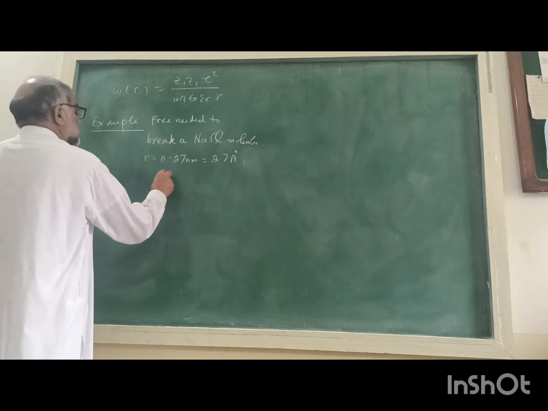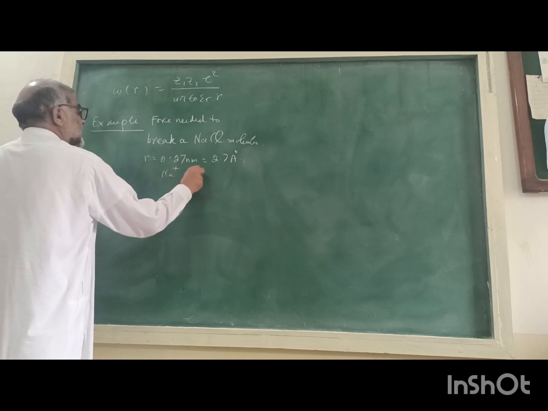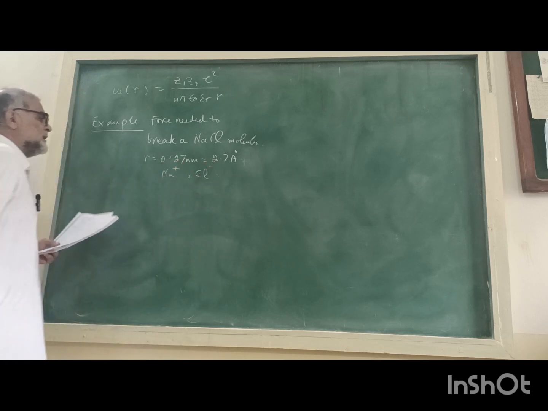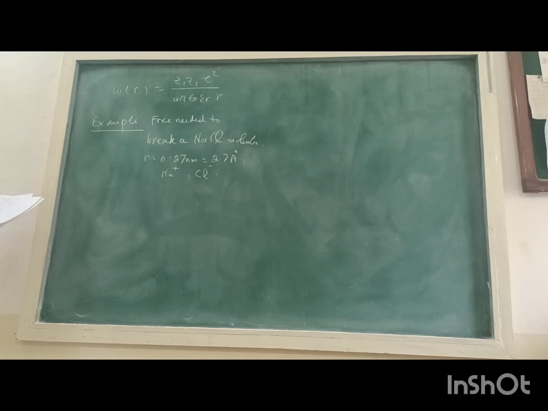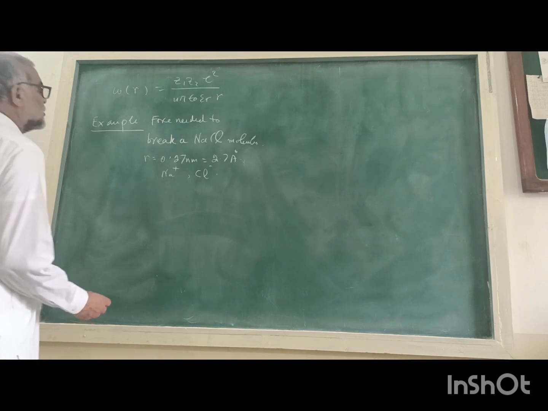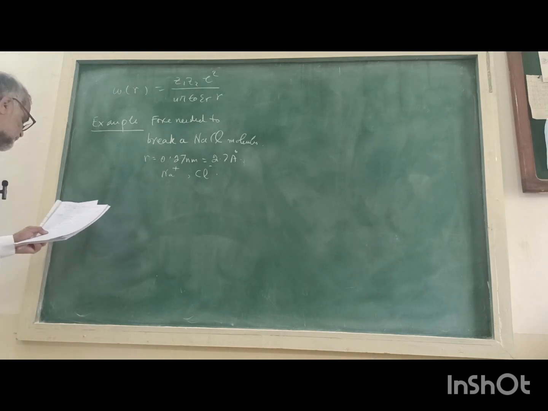So sodium will become positively charged and the chlorine will become negatively charged. We say that this is an ionic bond. So the force will be an attractive electrostatic force between sodium and chlorine.